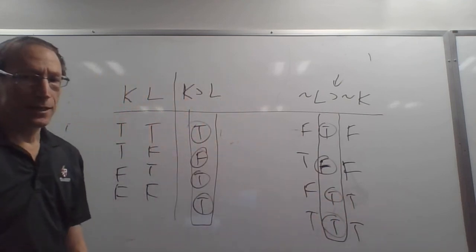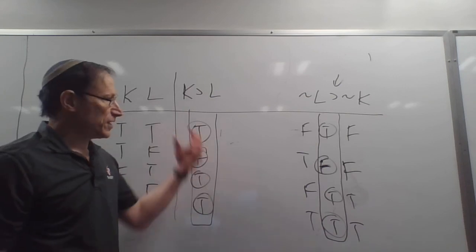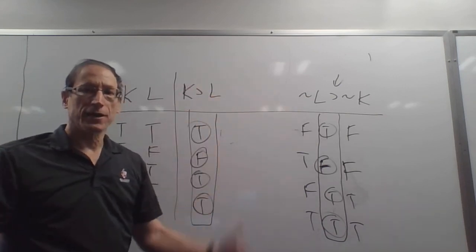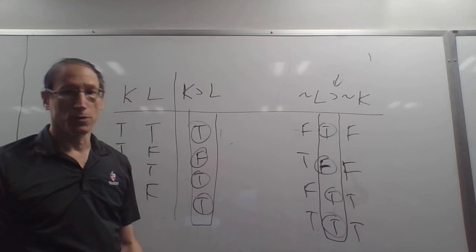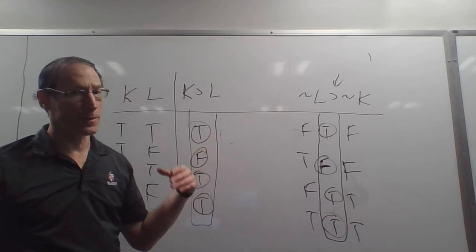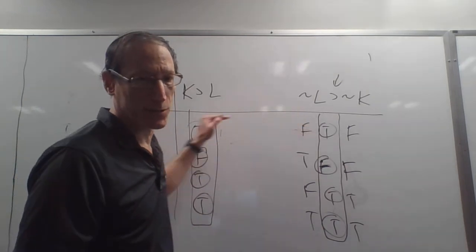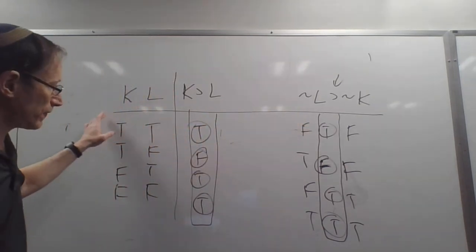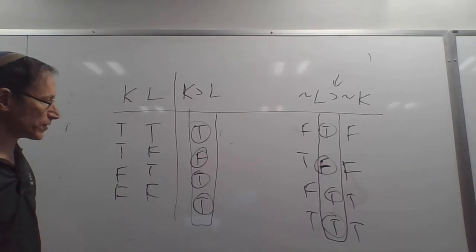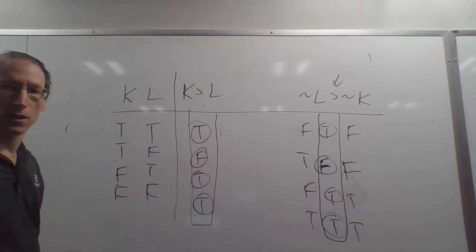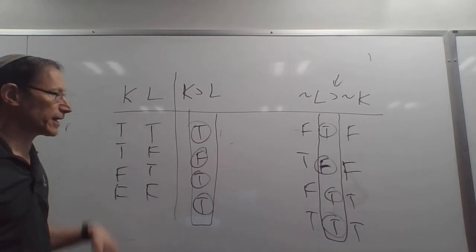What does that mean? It means that these two statements are always going to have the same truth value. No matter what K stands for, no matter what L stands for, these two statements will have the exact same truth value for every single possibility of whether K is true, L is false, or whatever the combination of K and L are.